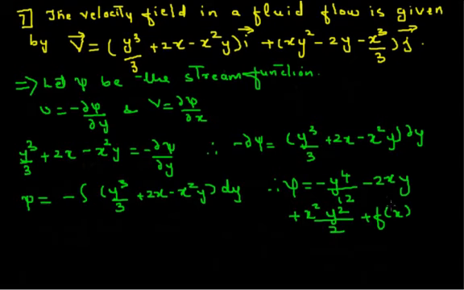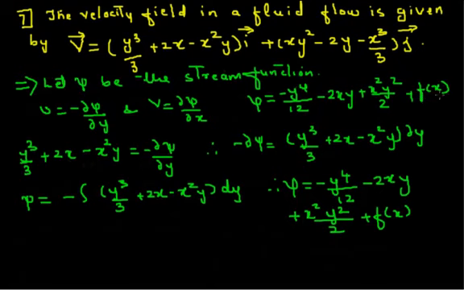So this is your first equation for psi, I will write this expression here, psi is equal to minus y to the power 4 by 12 minus 2xy plus x square y square by 2 plus f of x. So this is your equation number 1.